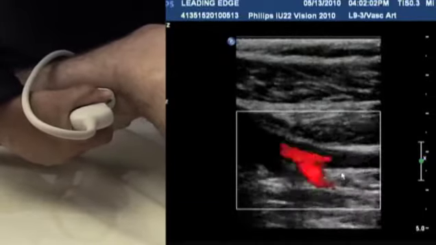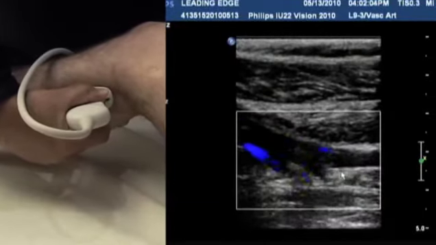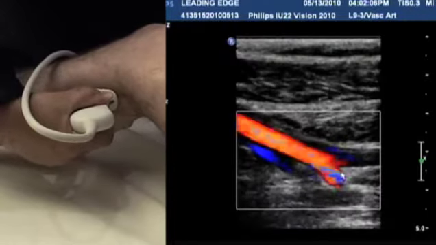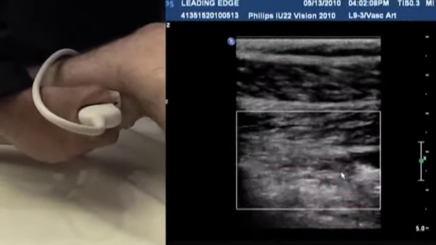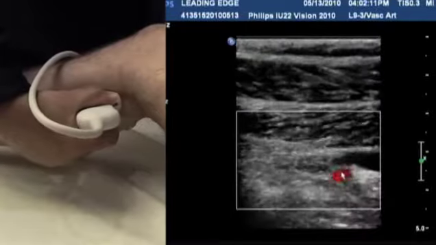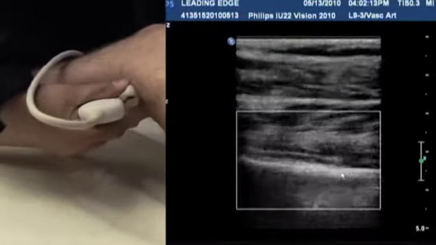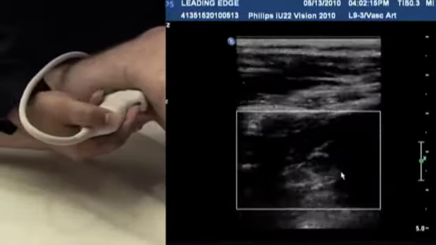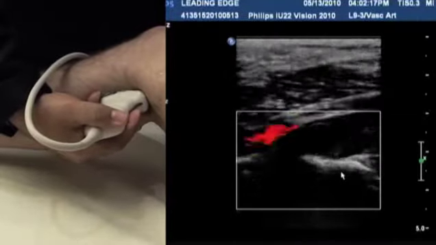And again, I would remind you that you should be acquiring velocities and looking at waveforms at every level along the length of the leg. I'm just going to get this machine a little bit closer to me. Let's go back up to the popliteal and see what the waveform looks like here for a second.